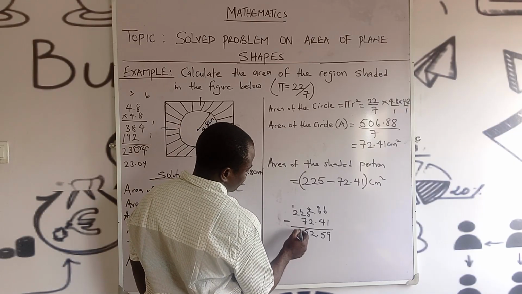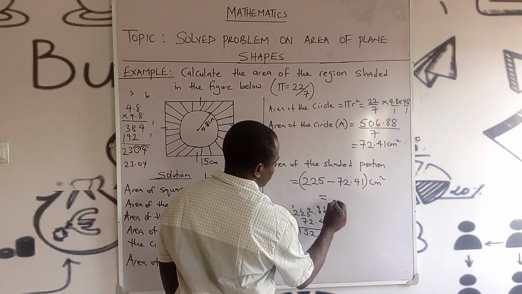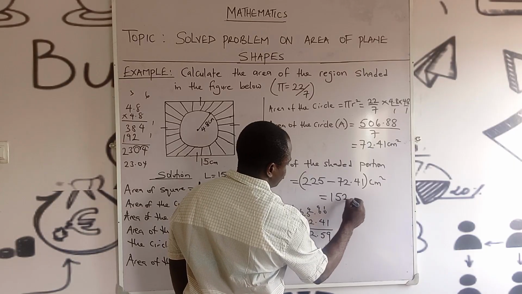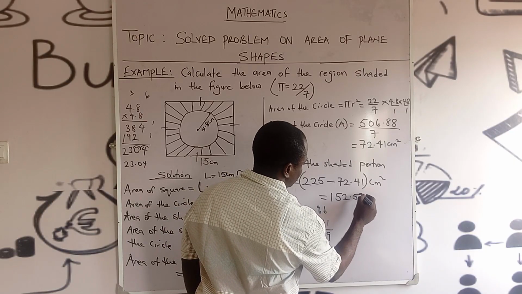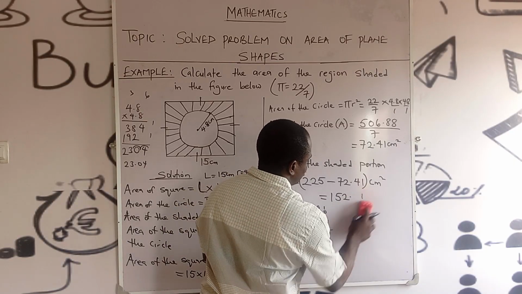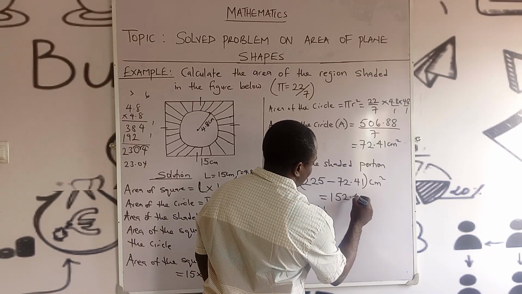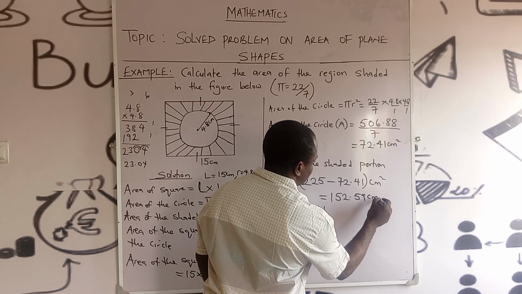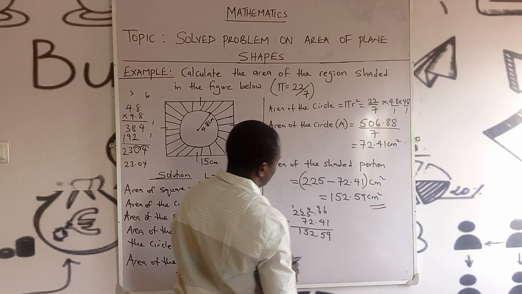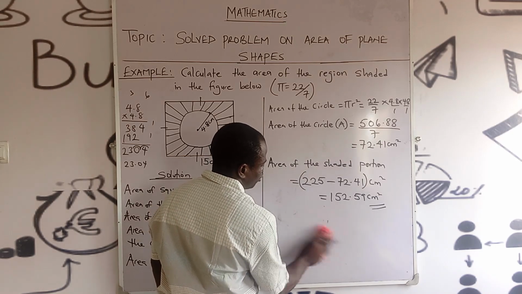You have remainder 1. We subtract, and you have 152.59 centimeters squared. That's the area of the shaded portion.